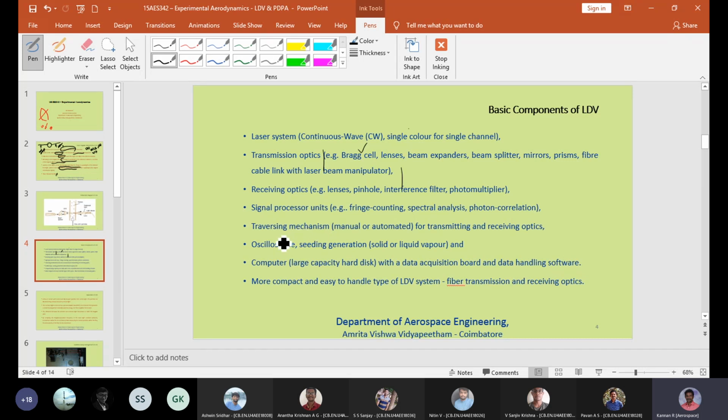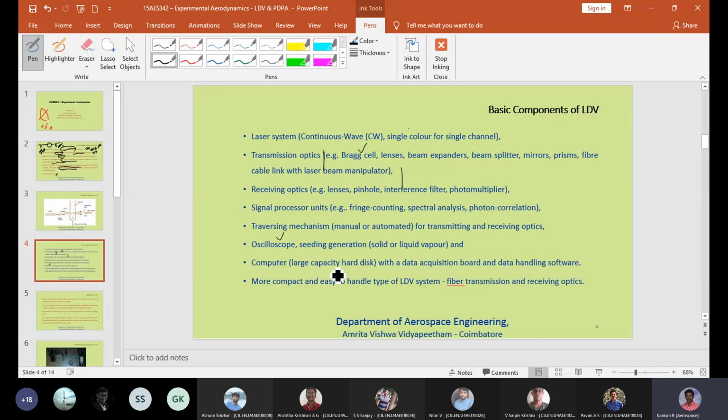And another thing: if you want to see your shift in frequency, for that we need your oscilloscope. Also, if you want to generate seeding particles, a seeding generator is required. You need a large capacity computer with a data acquisition board and data handling software, because you are going to get a large amount of information.